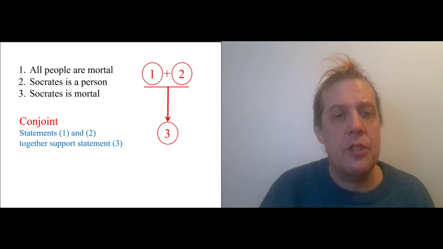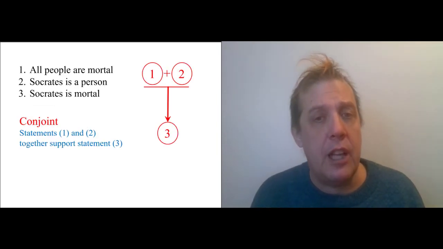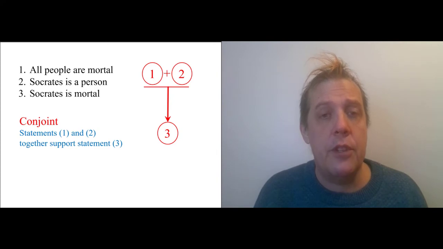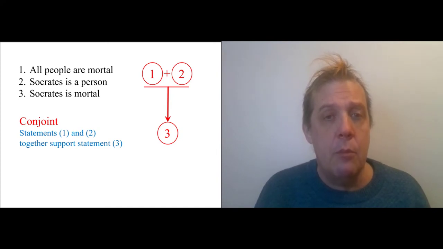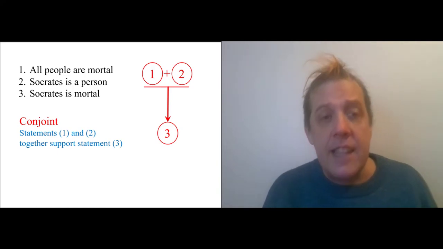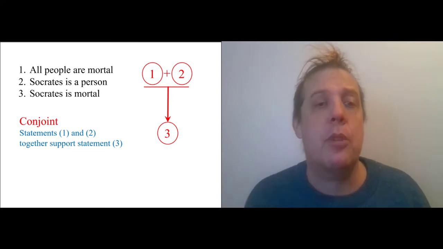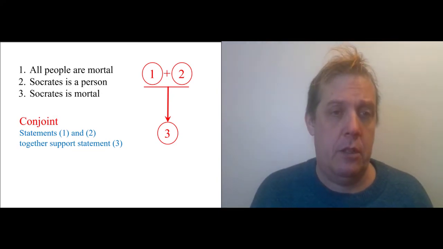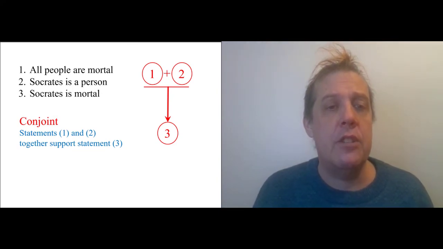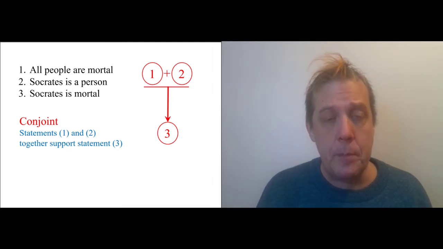And if we want to represent it with the arrow diagram, we do it like this. We put the two premises on top and we write a plus between them and a line across the bottom. And that is because in this case, the premises are conjoint. Statements 1 and 2 together support statement 3.